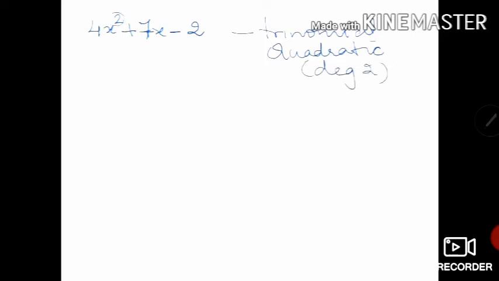The coefficient of x square is 4, coefficient of x is 7. What about minus 2? Minus 2 is a constant. But we can say that minus 2 is the coefficient of x to the power 0.